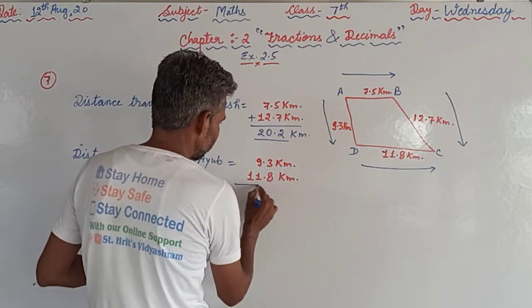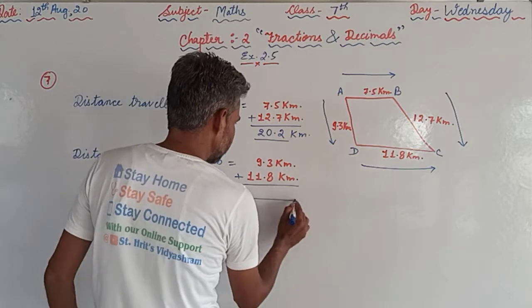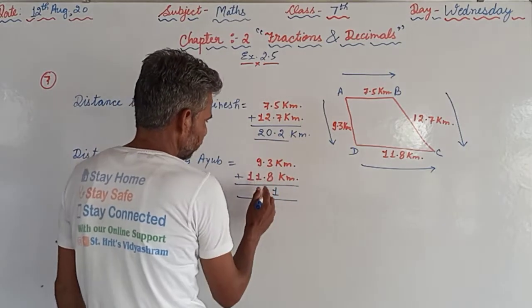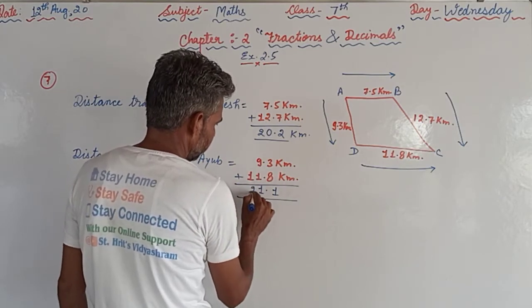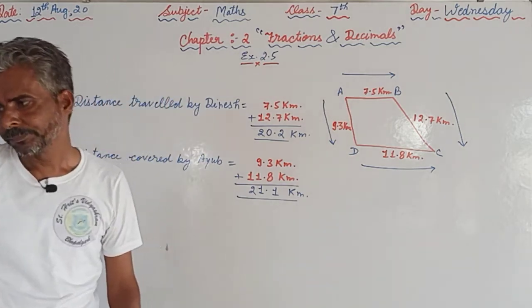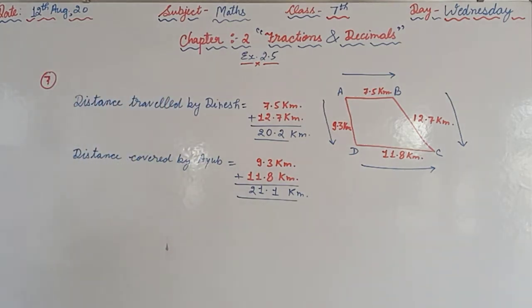Again we have to add to find the total distance. That will be 3 plus 8, 11, 1 carry. 9 plus 1, 10, plus 1, 11, 1 carry. So the total is 21.1 kilometers.